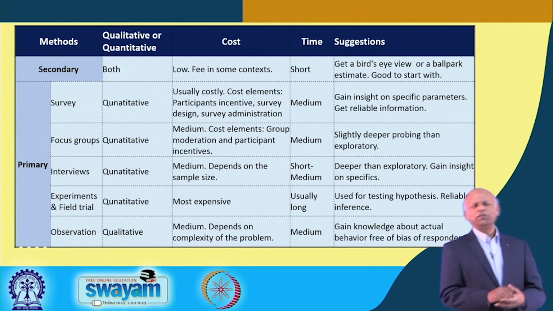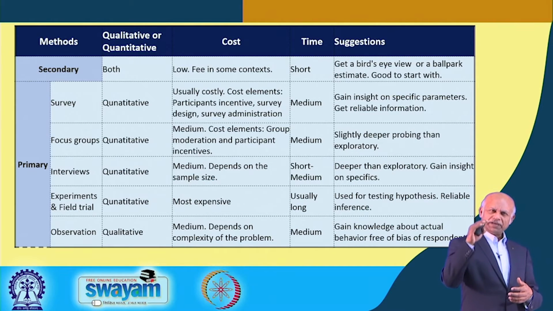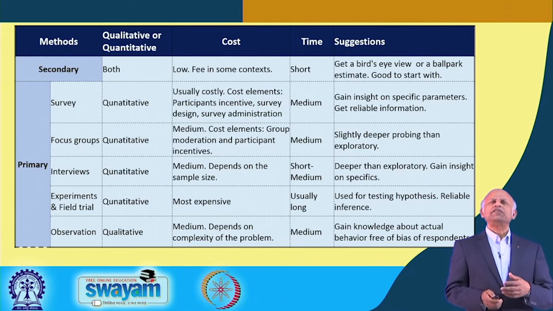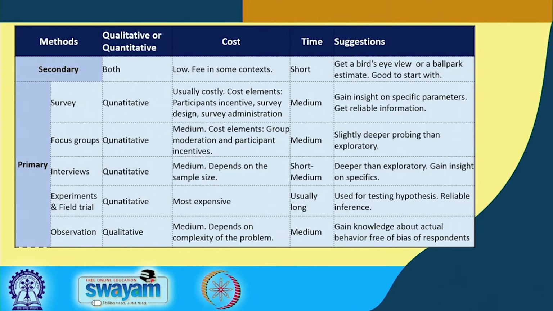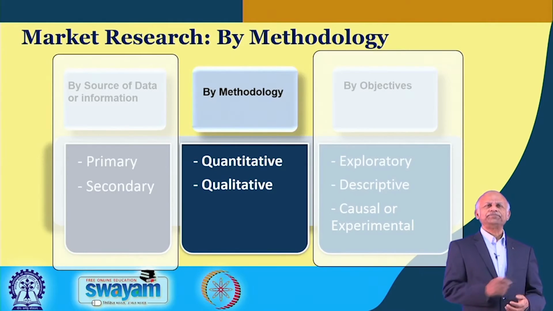This is a comparative chart between different types of primary research, secondary research, etc. This will take too much time to read out, so I will make a quick move to the next slide.